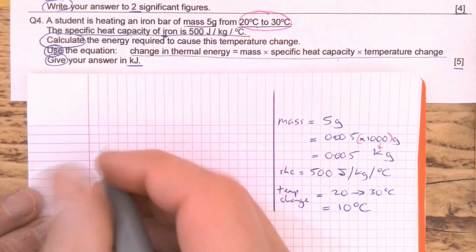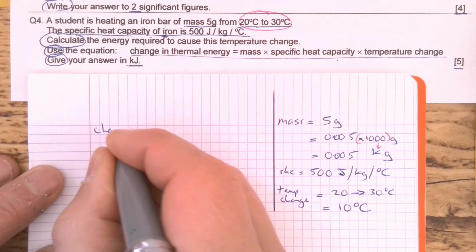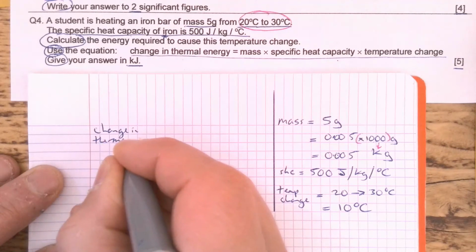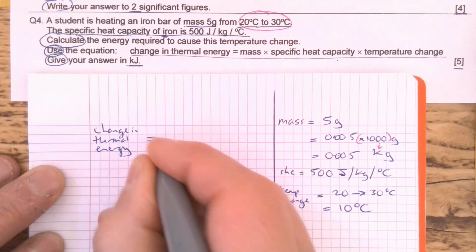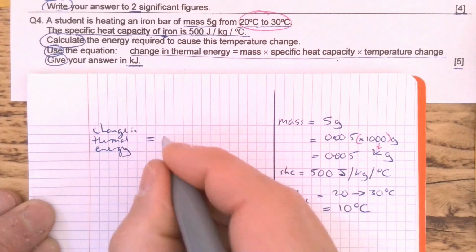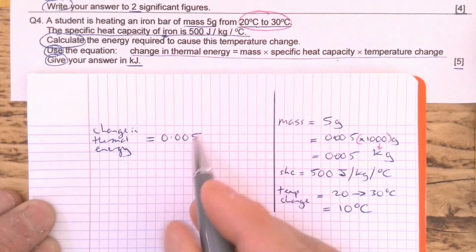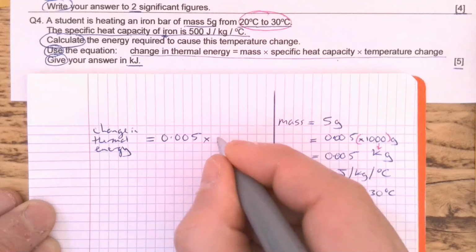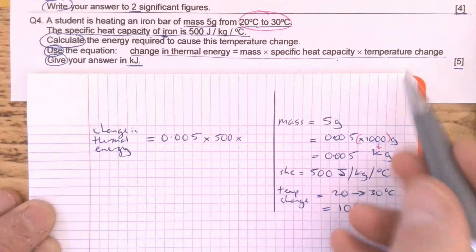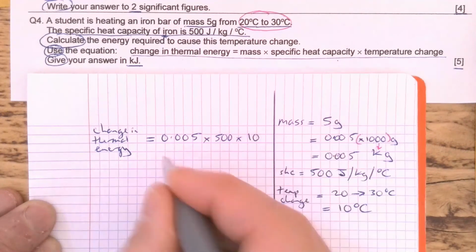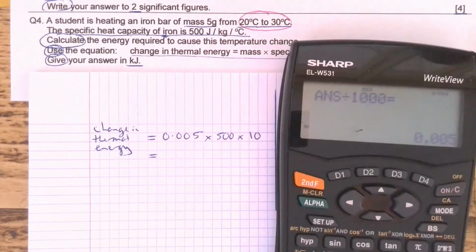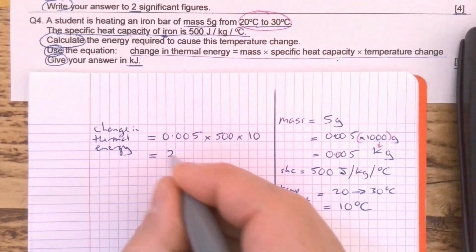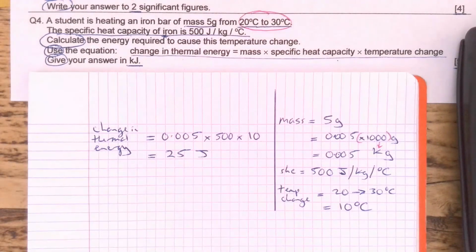Change in thermal energy equals mass, which was 0.005, making sure I've got the correct number of zeros, times specific heat capacity, 500, times temperature change, 10. So 0.005 times 500 times 10 equals 25 joules.